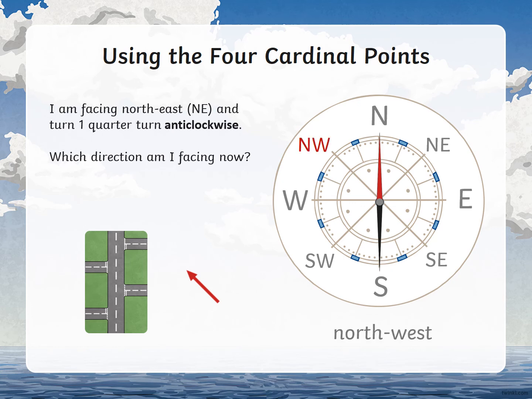The answer is northwest. So whenever you start at an intercardinal point, such as southwest, and you have to move a right angle, whether it's clockwise or anti-clockwise, it is going to be another intercardinal direction that you face.